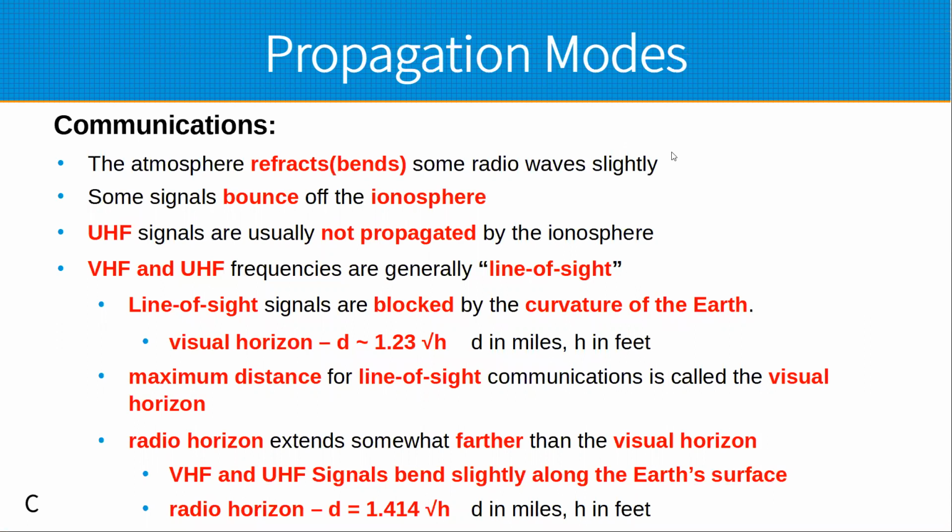Okay. Propagation modes. This is fun stuff. Hopefully you know more about it than I do, Ernie. A little bit. The atmosphere can refract or bend radio waves depending on the angle and the frequency and solar conditions, how much ionization there is, which is oxygen atoms in the upper atmosphere.